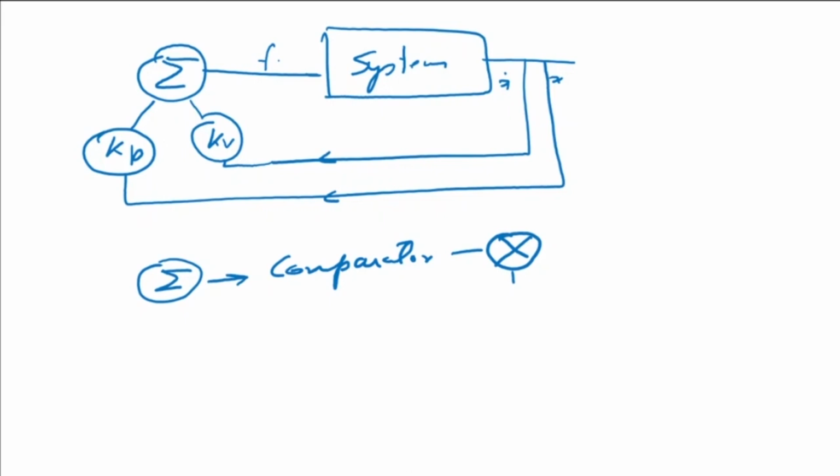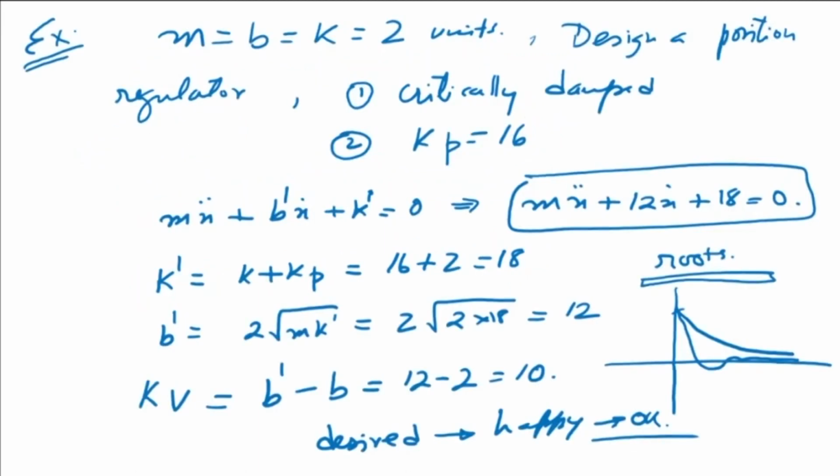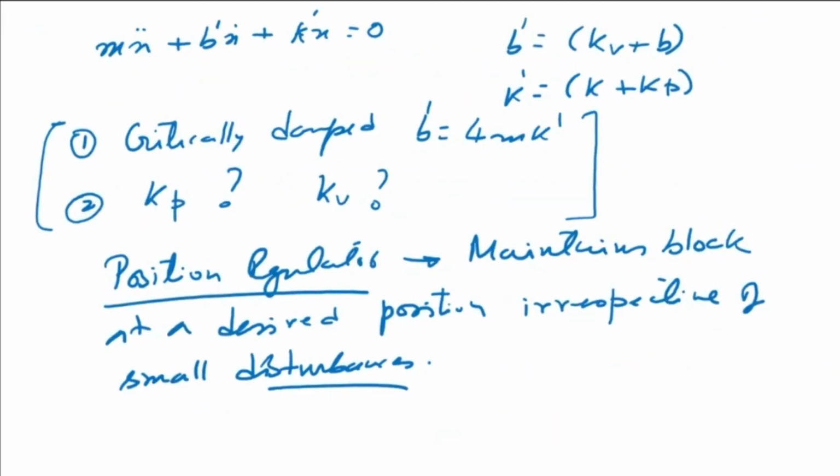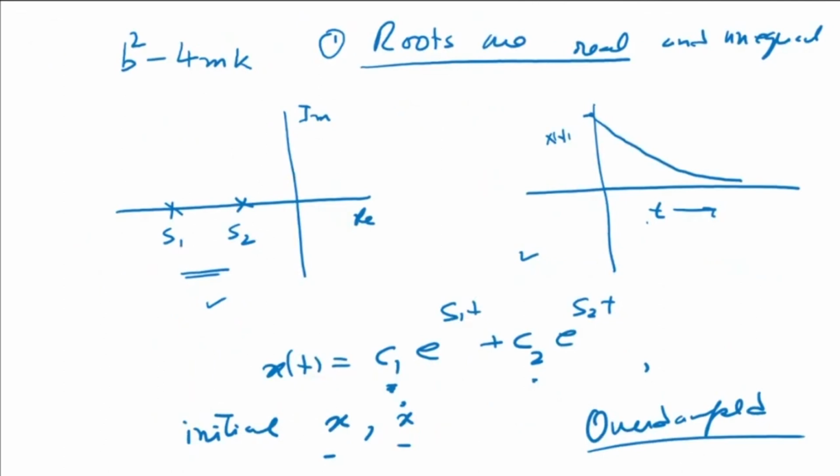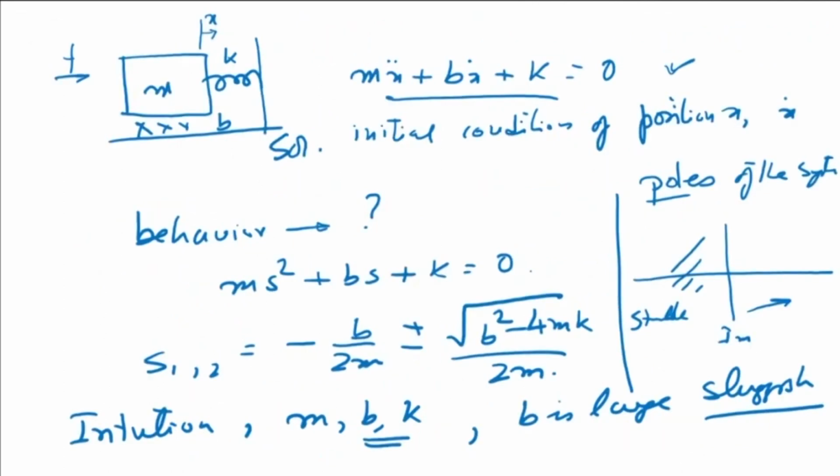Now, as we move forward, this is at the simplest level. A couple of things: the system that we are trying to model here is making a lot of assumptions. The first assumption it has made is that m, b, k are positive constants.